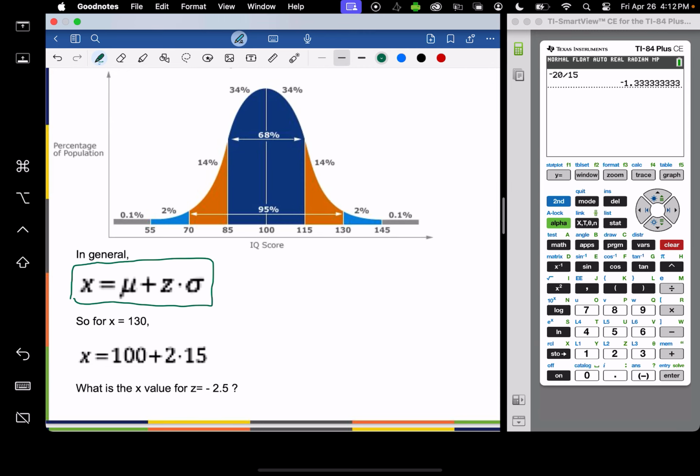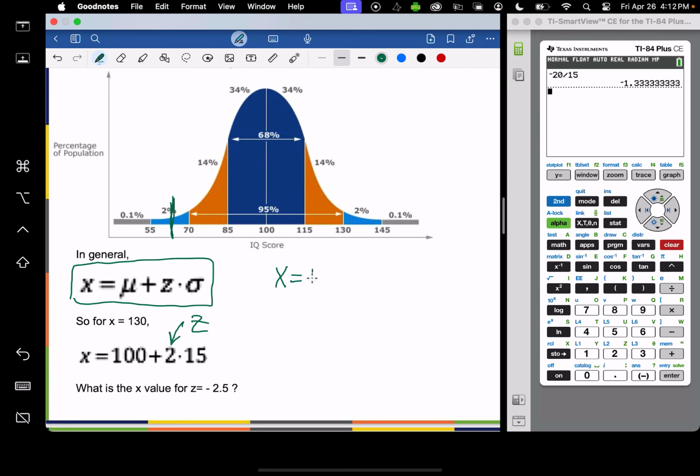If x is 130, it's the 100 plus 2 times 15, so that's your z-score. What would be the x value for z equals -2.5? Well, I can tell by looking at my graph that we're going to end up right around there. So I could guesstimate the value, but I could also just use this formula.